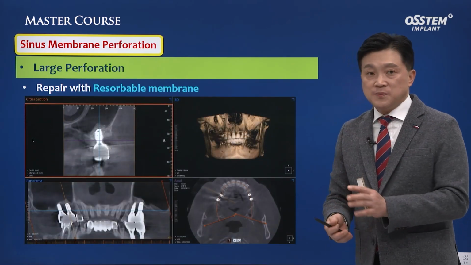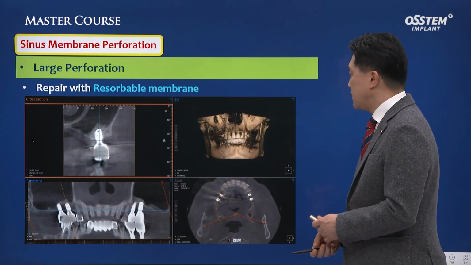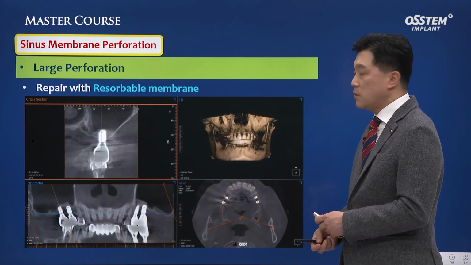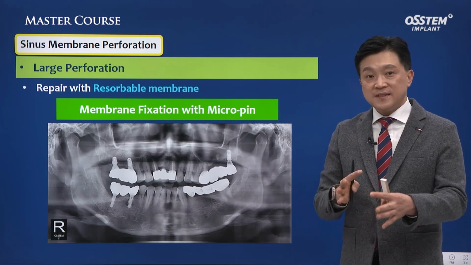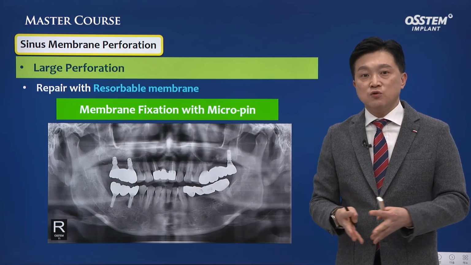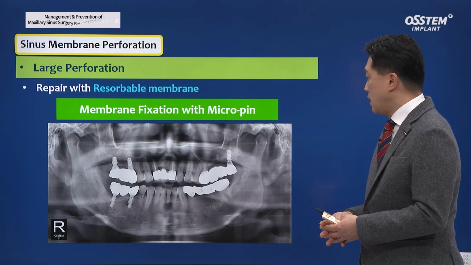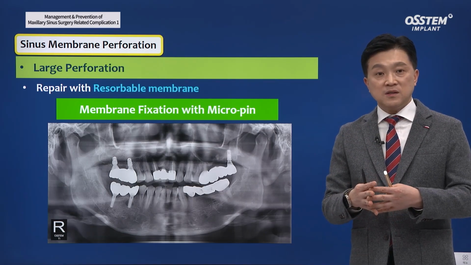You can see the case closed like this. Resorbable membrane can be used to repair a large perforation, and this is the most common way to do it. I want to emphasize once again that membrane stability is very important in membrane repair.